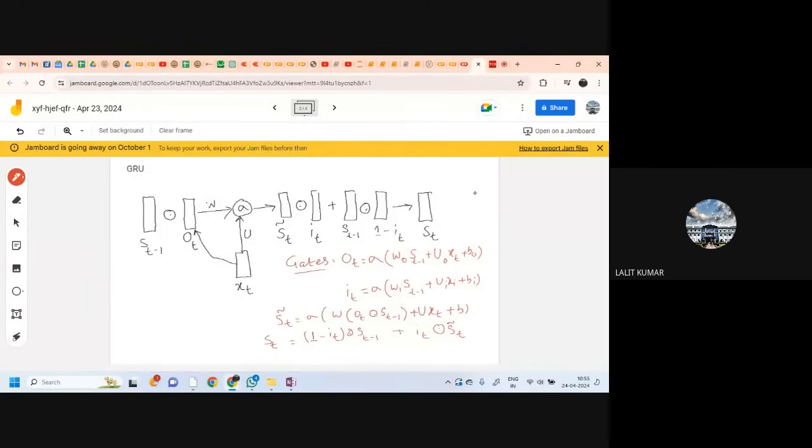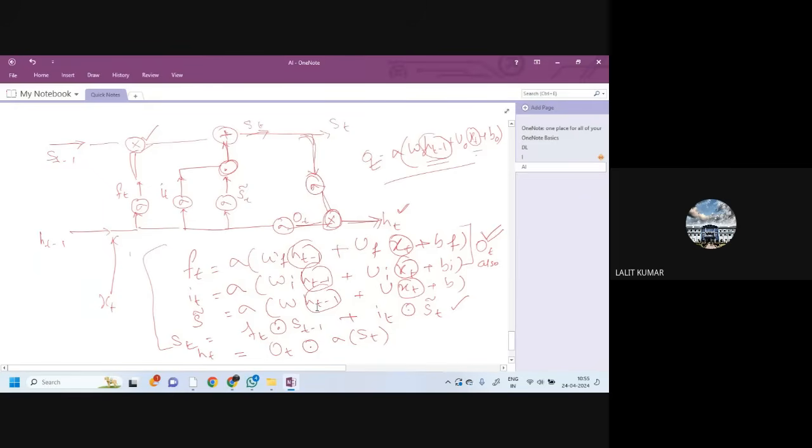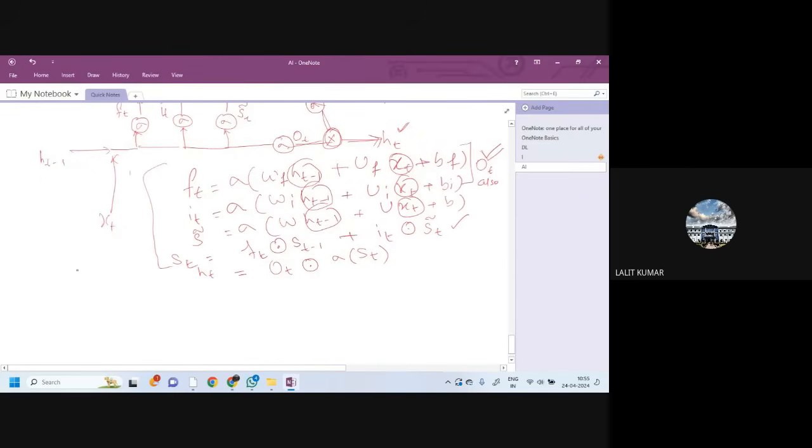Now conceptually one question can be asked in this: how does LSTM solve the diminishing gradients problem?